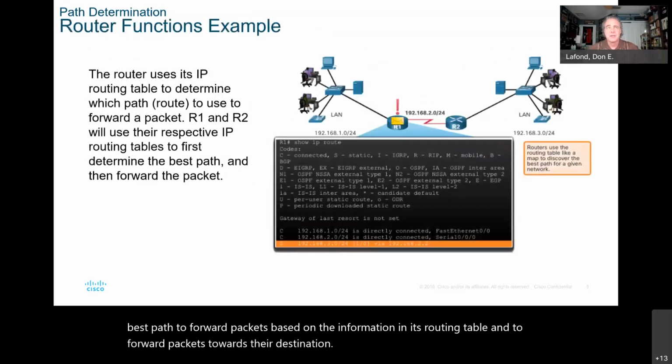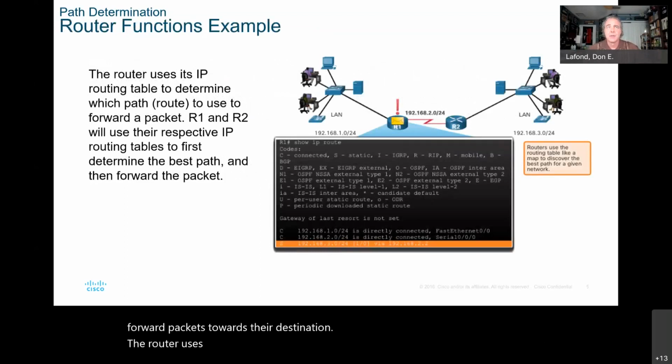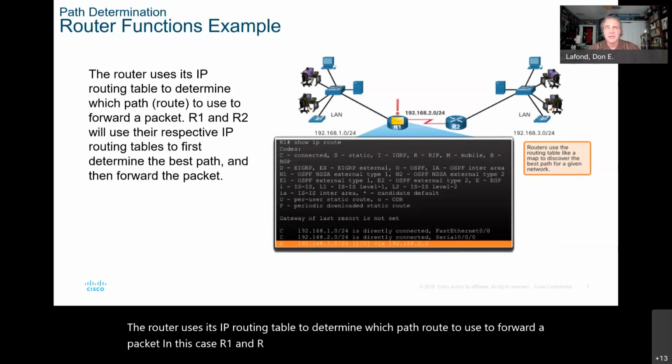The router uses its IP routing table to determine which path, route, to use to forward a packet. In this case, R1 and R2 will use their respective IP routing tables to first determine the best path and then to forward their packets.